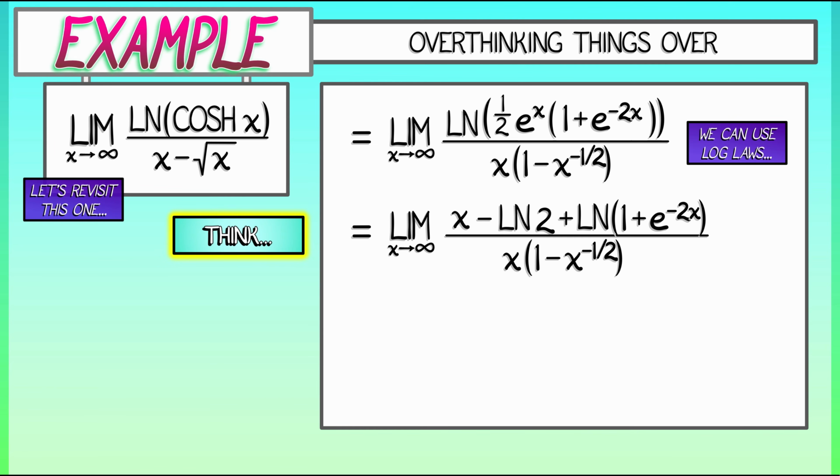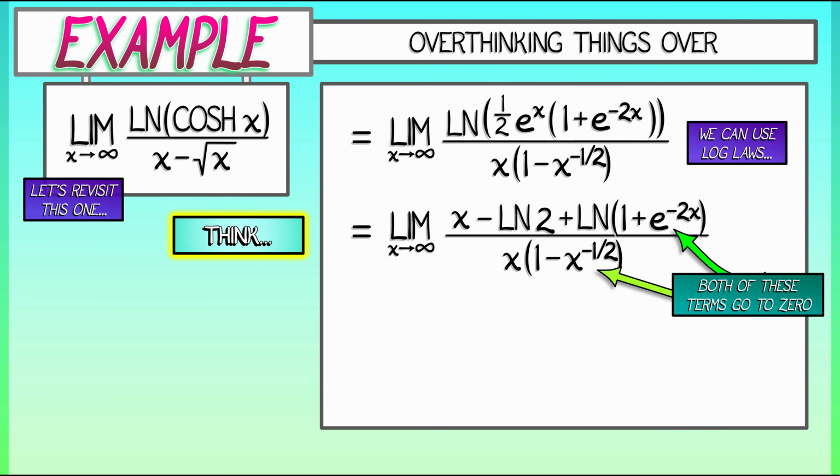And now if we look at the numerator, look at the denominator, there are terms in there that are definitely going to 0 as x goes to infinity. In the numerator, that e to the minus 2x, that's going to 0. In the denominator, that x to the negative 1/2, that's going to 0.